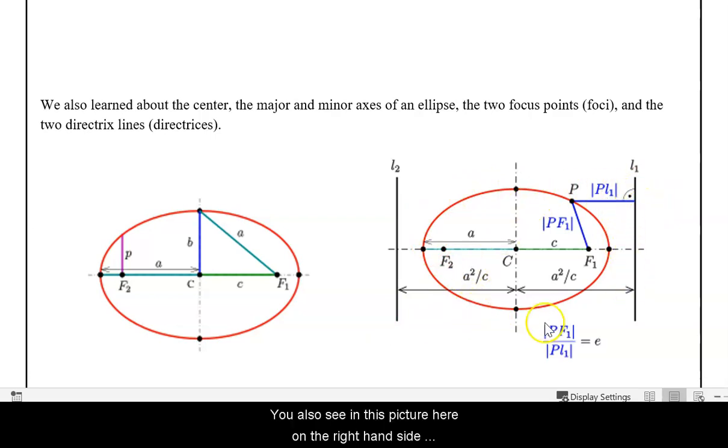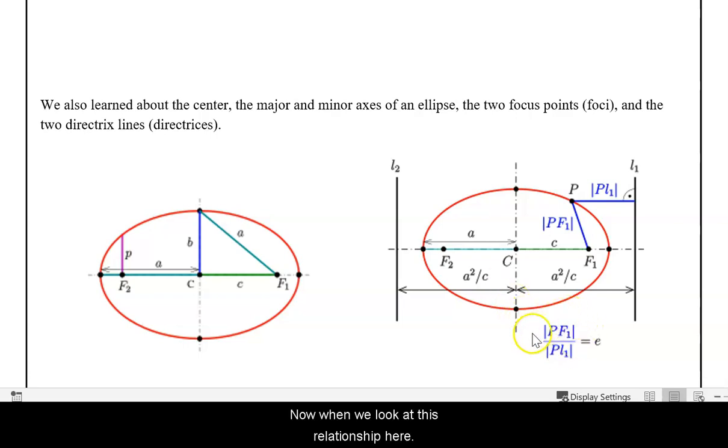You'll also see in this picture here on the right-hand side that we have another relationship, which is that the distance from the center out to the directrix line is given by a squared divided by c. You're going to want to remember that or write it down somewhere because that's coming back for us later on.